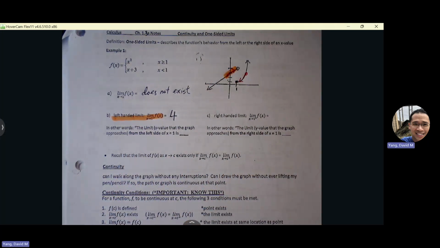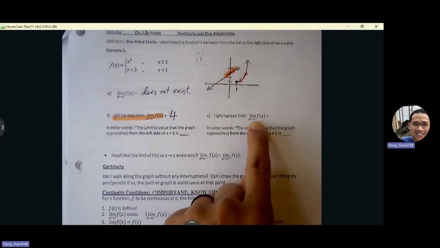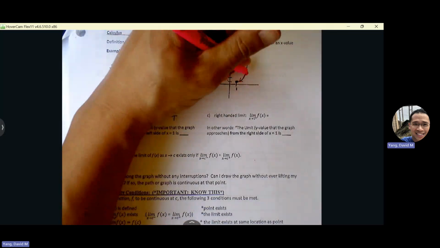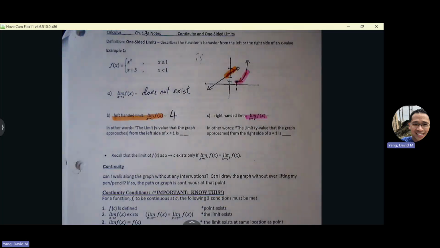And then the right-handed limit would be what we see here. The right-hand limit would be approaching 1 with that plus. That plus means that we're starting to the right of 1, and then we're following the path of the graph towards 1. So this arrow here is basically that notation.